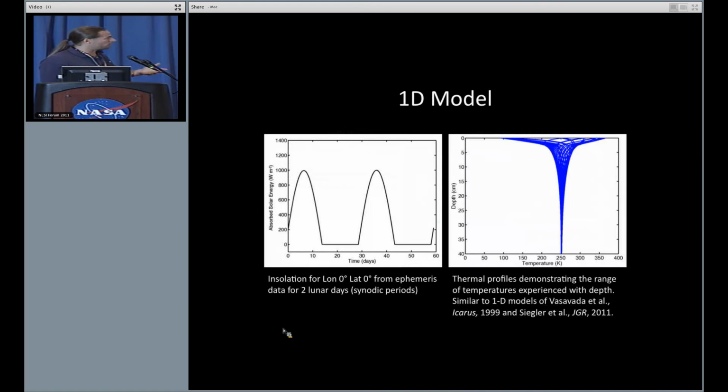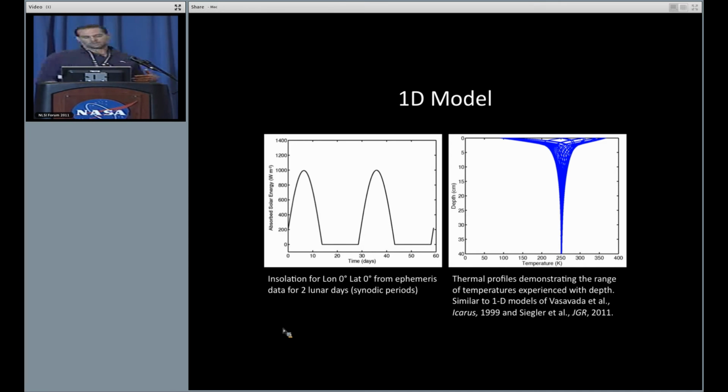So in a one-dimensional model, given a two-day insolation cycle, these are superposed thermal profiles in the regolith. This is showing the diurnal heat wave penetrating into the regolith, and then you can see the inflection due to that interface with that low density fluffy layer on top, which acts to exaggerate the amplitude of the maximum and minimum temperatures.